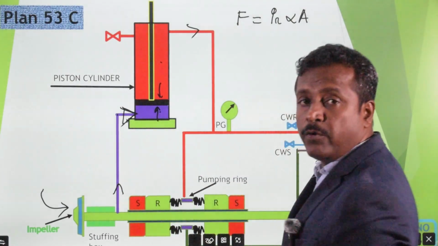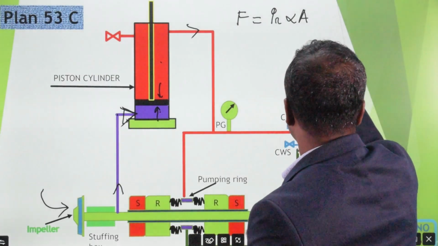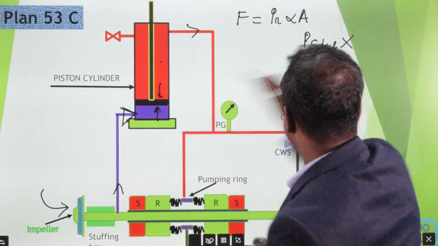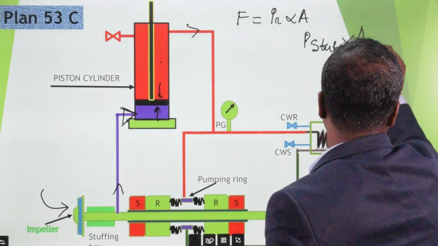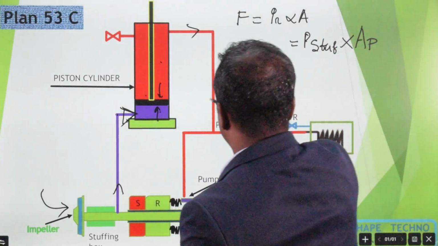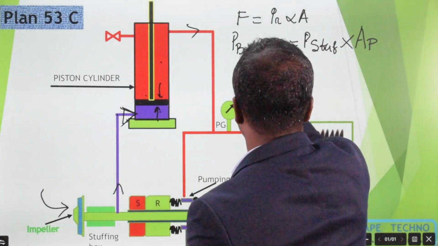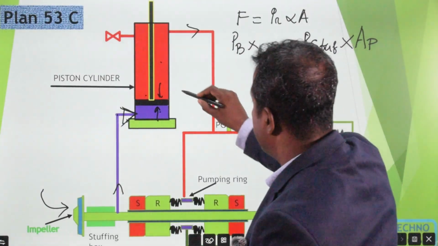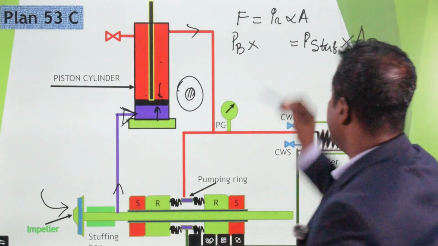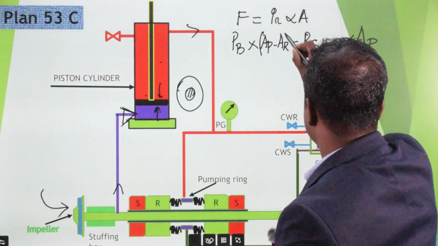So, on the bottom side, that force equals stuffing box pressure into the piston area AP, and that should equal the barrier liquid pressure into the area at the top side. What is the area at the top side? That is the area of the piston minus the rod area, that means AP minus AR.